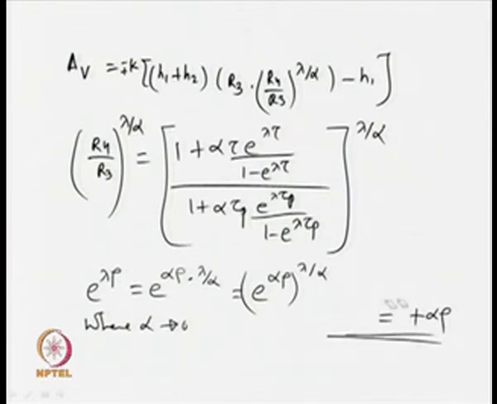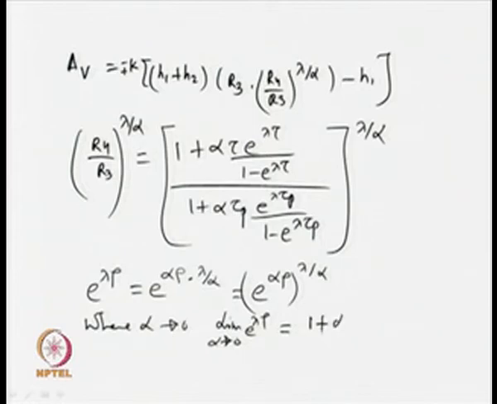So, using that, I can now write the upper expression as: limit alpha tends to 0, e to the power lambda rho is equal to 1 plus alpha rho to the power lambda by alpha.